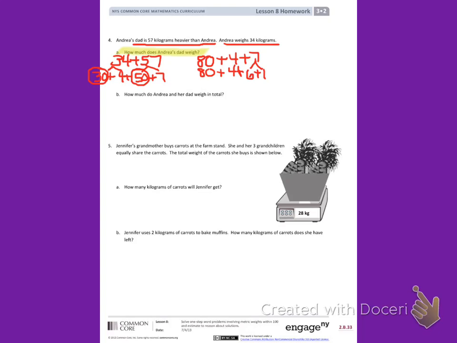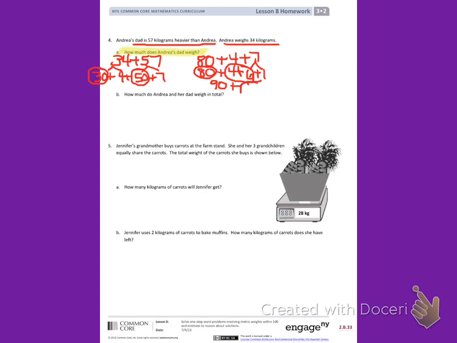Now I can circle my tens. 80 and 4 plus 6 is a 10, so 80 plus 10 is 90. Plus this one right over here. It's a lone 1.